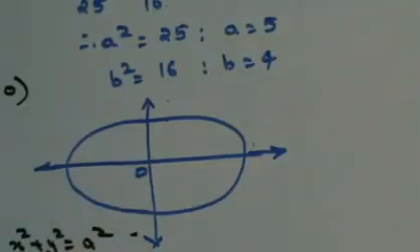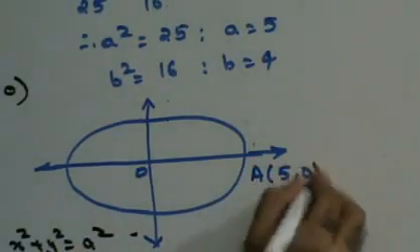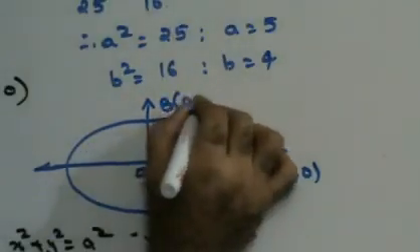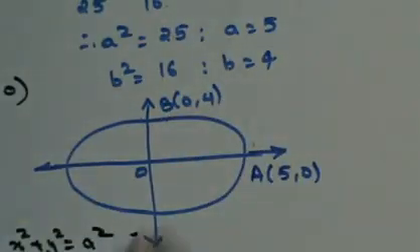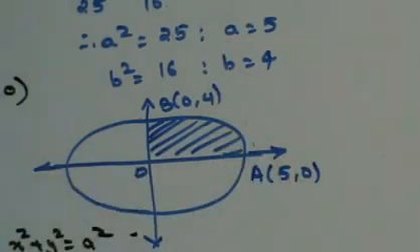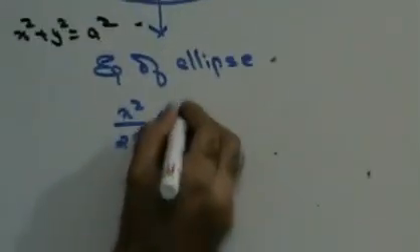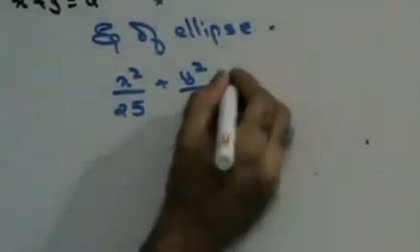This is my origin. This is going to be my point A, 5, 0. This is going to be my point 0, 4. Let's first find the area of this shaded portion in the first quadrant. The equation of the ellipse is x square by 25 plus y square by 16 is 1.